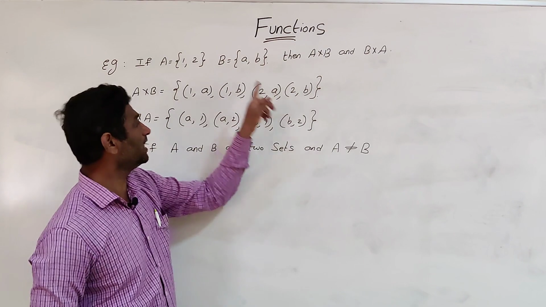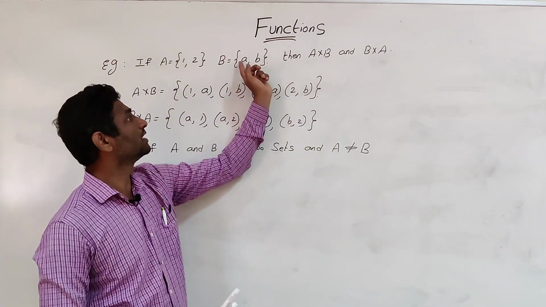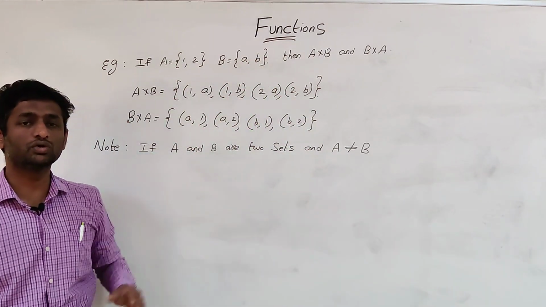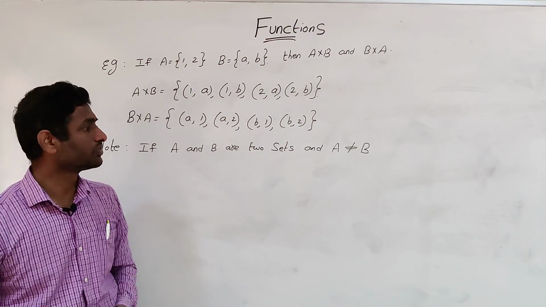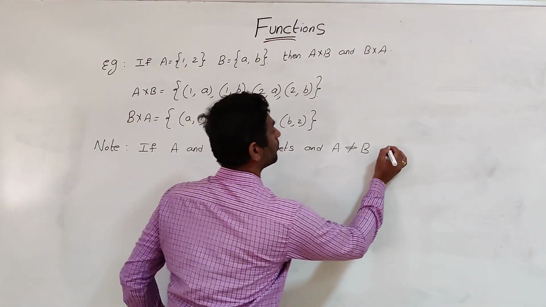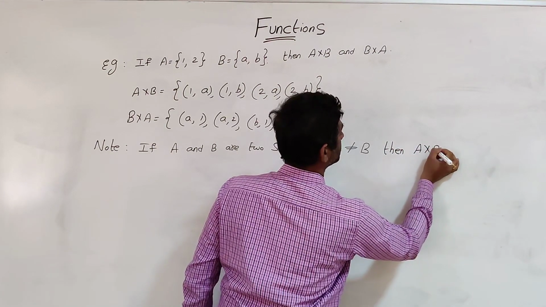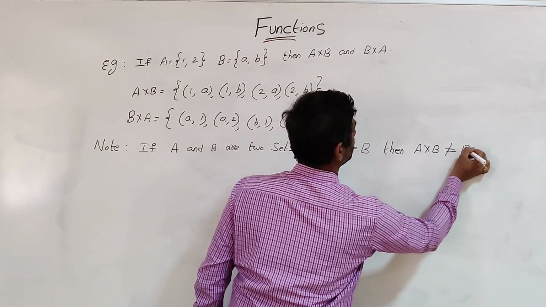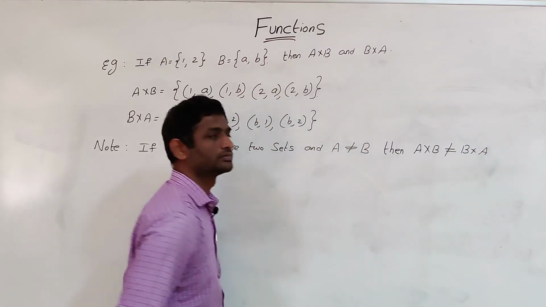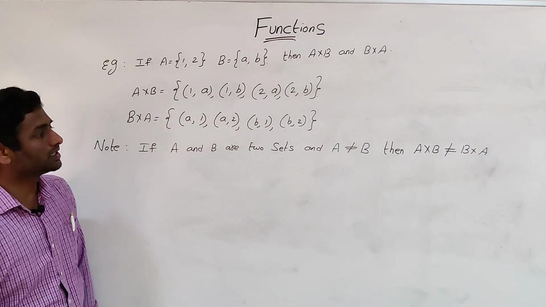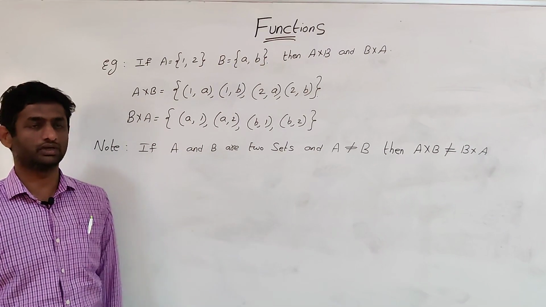But in set A there are 1, 2, and in set B there are a, b. So A and B are not equal. If they are not equal, then what about the Cartesian product? Then A cross B is not equal to B cross A. Then the Cartesian products are also not equal.